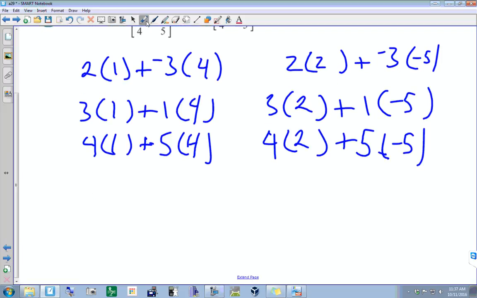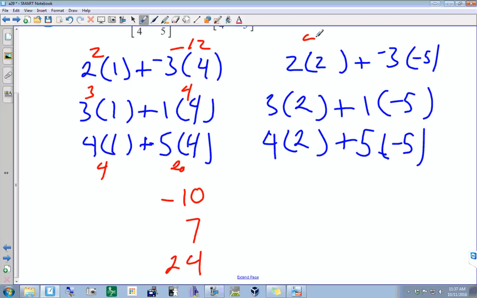So now, if we want to go and do the math, this gives me 2. That gives me negative 12. So if I add these together, I end up with negative 10. Here, 3, 4, add them up, 7. 4, 20, 24.